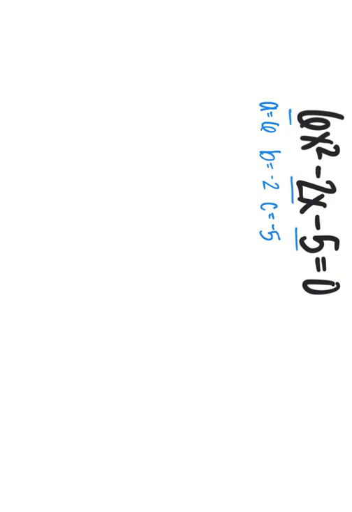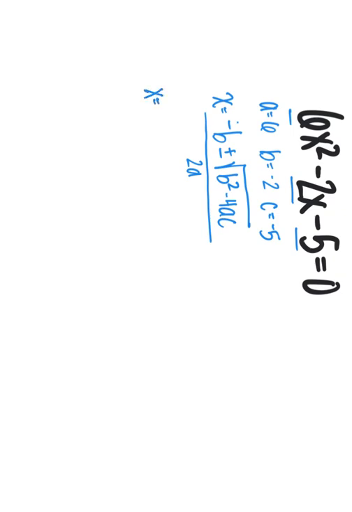So I have x equals negative b plus or minus the square root of b squared minus 4ac, all divided by 2a.